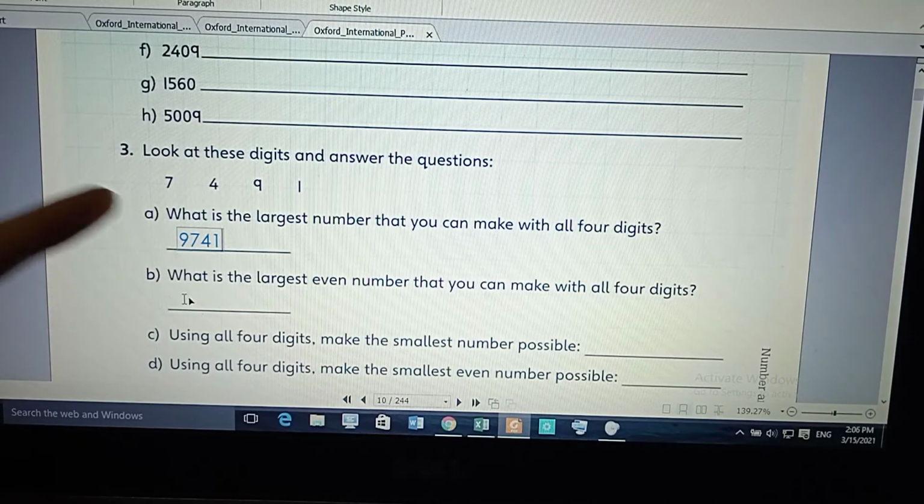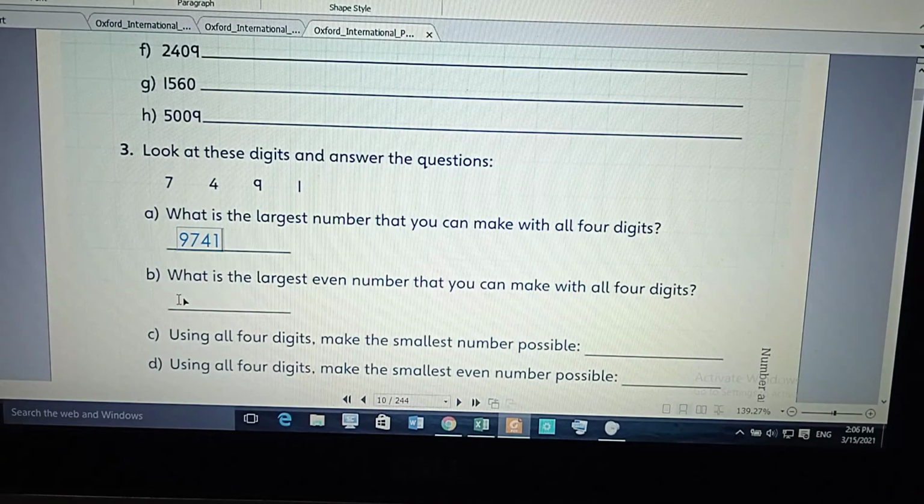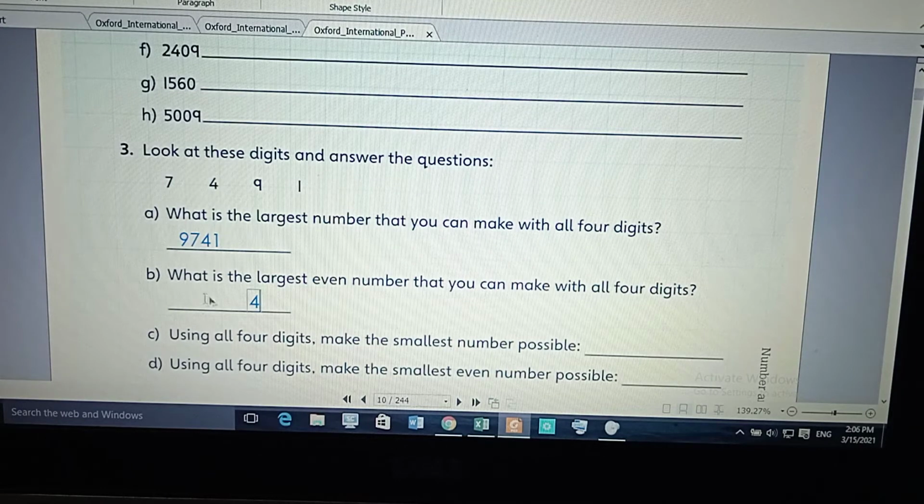What is the largest even number? What is even? Even numbers are those like 0, 2, 4 and so on. What is the largest even number that you can make with all 4 digits? For an even number, we have to write 4 at the last, and to make it largest, we write the rest of the digits in descending order.